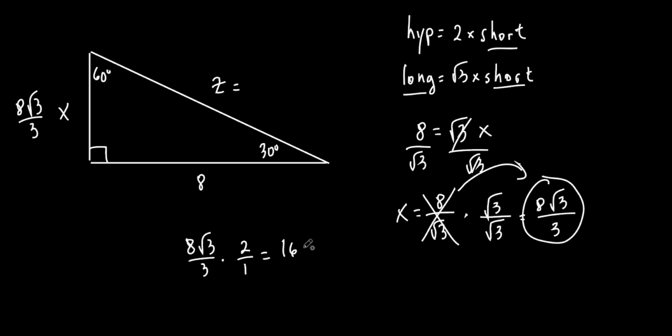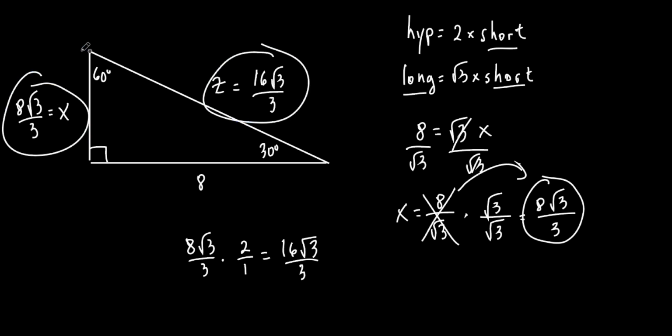Yep. 16 square root of 3 over 3. So really all I did was multiply the 8 by a 2, right? And I just keep all the other stuff the way it was. So what's this answer right there? 16 square root of 3 over 3. So those are your two answers. That's z and that's x.